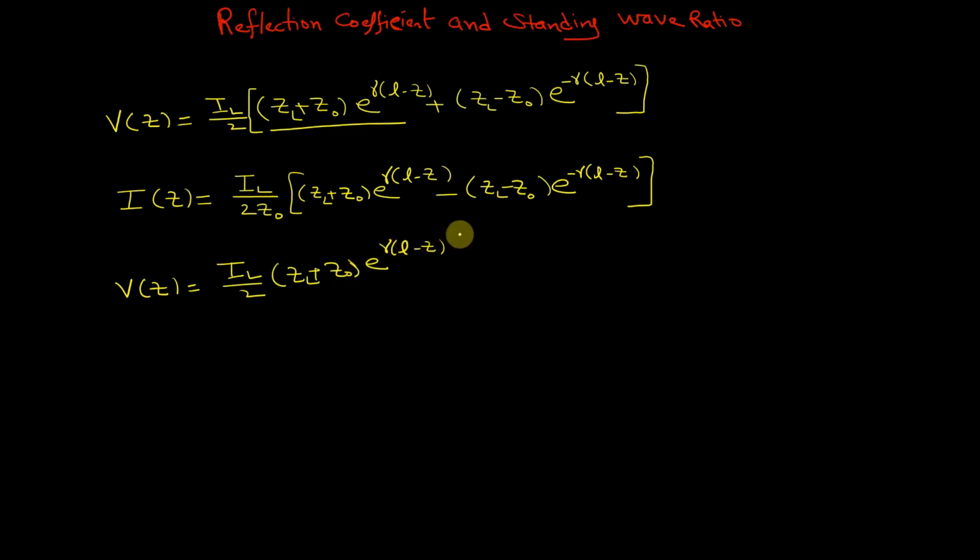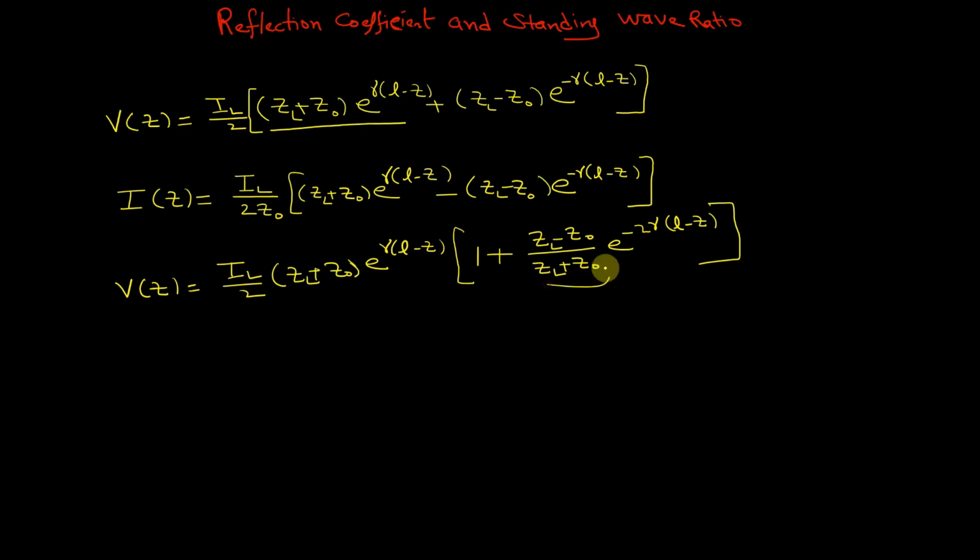Take this whole term common, so we'll have 1 here, and here you get (Z_L minus Z_0) divided by (Z_L plus Z_0) e^(−2γ(L−z)).